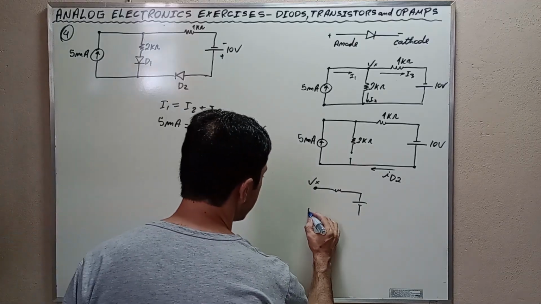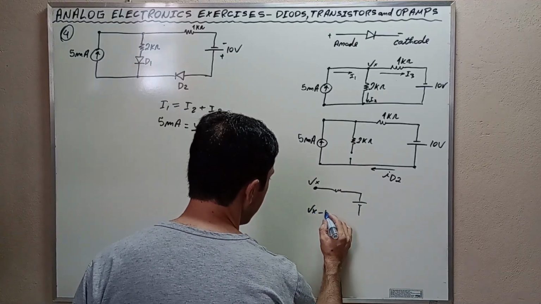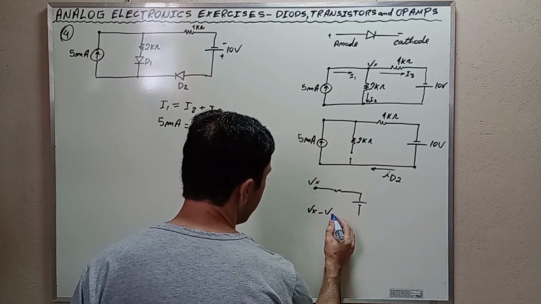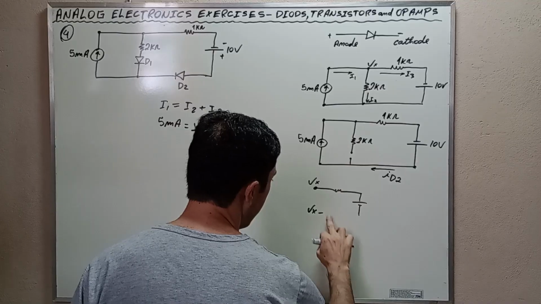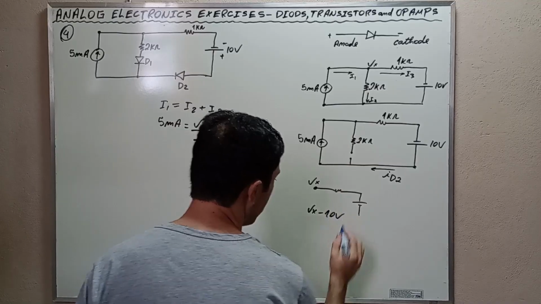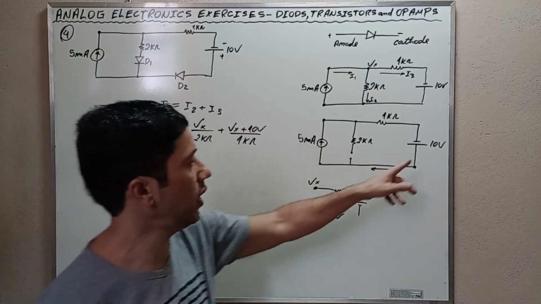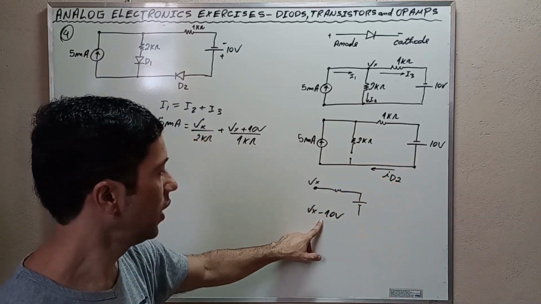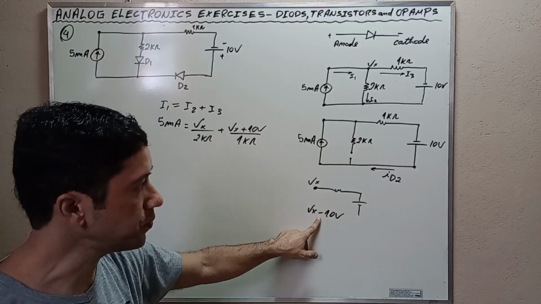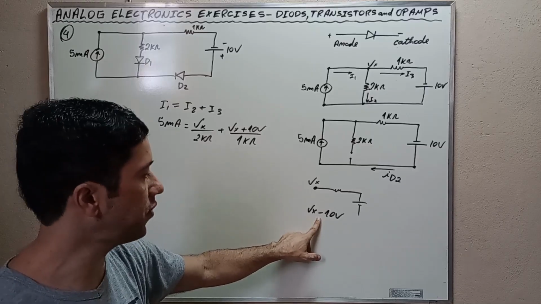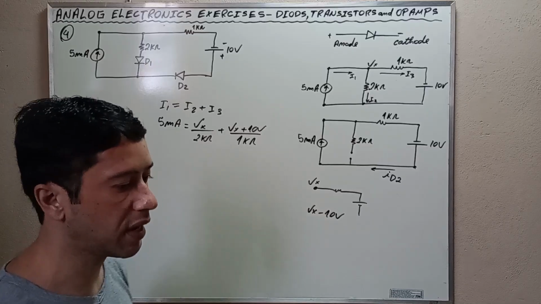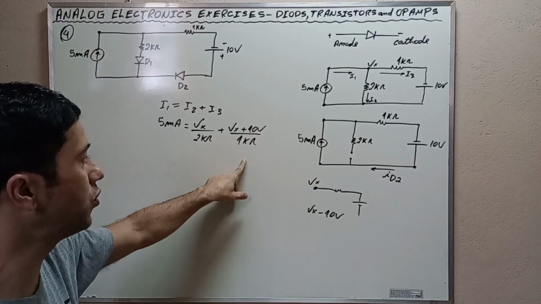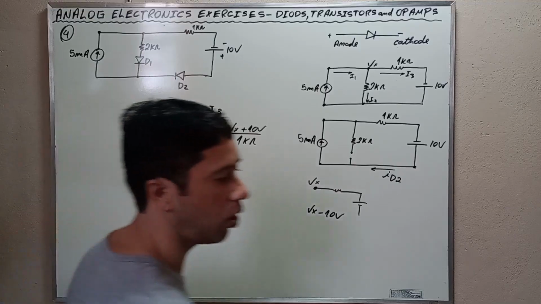It is Vx minus the voltage, Vx minus 10 volts. But here the polarity is inverse. It is not Vx minus 10 volts. It is Vx minus negative 10 volts. Negative with negative, positive. That's why we wrote Vx plus 10 volts divided by 1 kilo ohms.